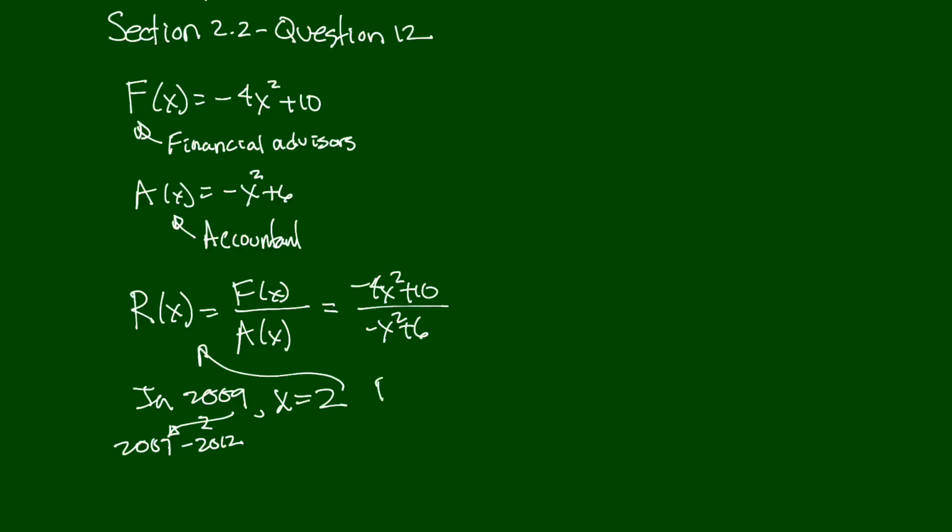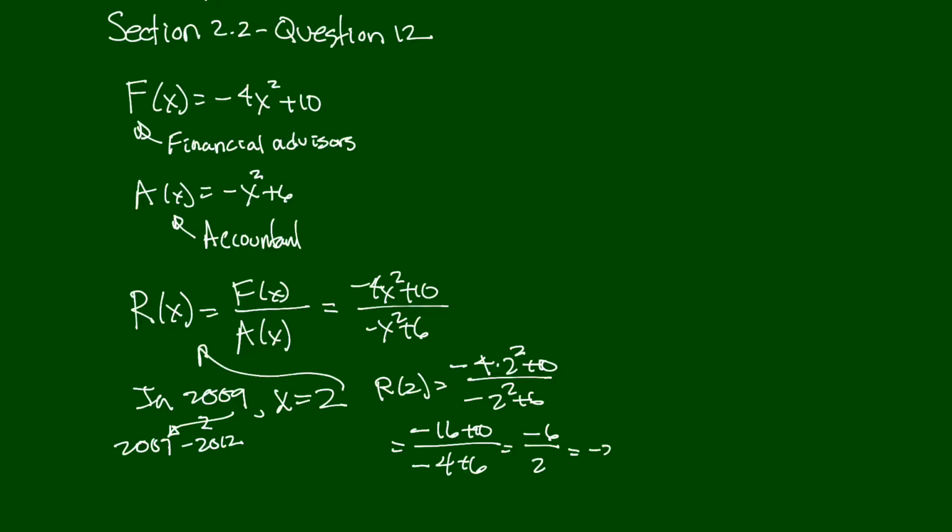The ratio at 2 is equal to negative 4 times 2 squared plus 10 over negative 2 squared plus 6. 2 squared is 4, 4 times negative 4 is negative 16, plus 10, over negative 4 plus 6. Negative 16 plus 10 is negative 6, and negative 4 plus 6 is 2. You get negative 3.